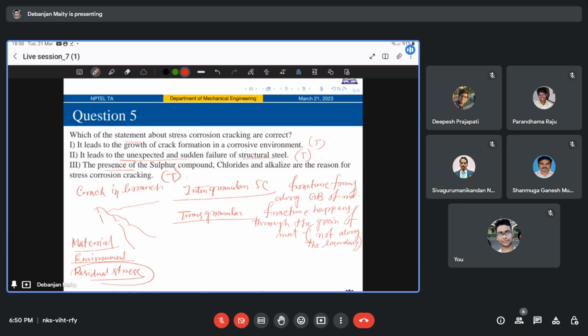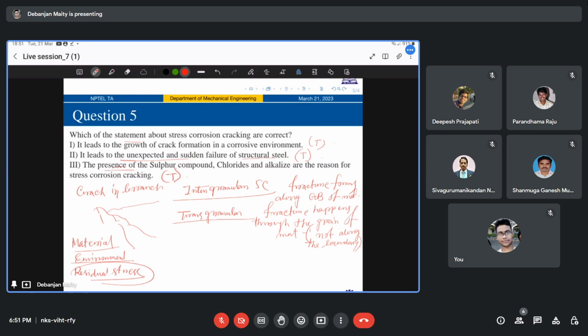Now how can we prevent this stress corrosion cracking? In terms of material, simply you have to use some material which is non susceptible, right? And also in terms of environment, you can remove or limit or replace the relevant corrosive chemical species, and this can also prevent this corrosion cracking.